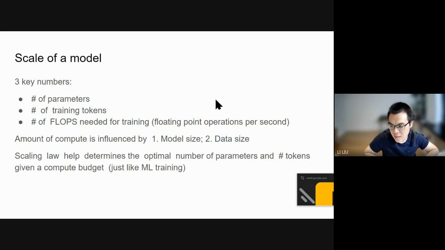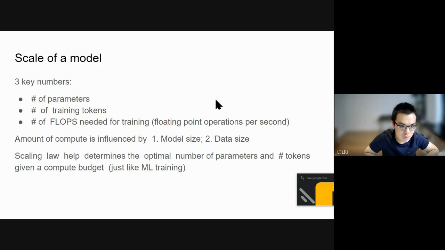We always hear of a model having certain billions of parameters. Second is the number of training tokens used in training. The third is FLOPs, floating point operations per second, which is really about the computing power of the processors used to train the model.